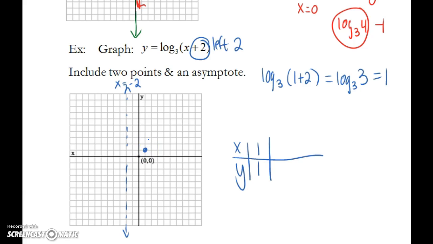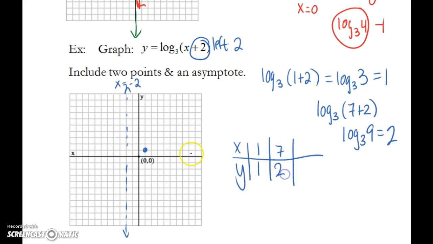Let's pick 7. The reason I'm picking 7 is because then we have log base 3 of 7 plus 2, which is log base 3 of 9, which we know the value of, and it's 2. So (7, 2) is another point on our graph. If we wanted to, we could pick -1.